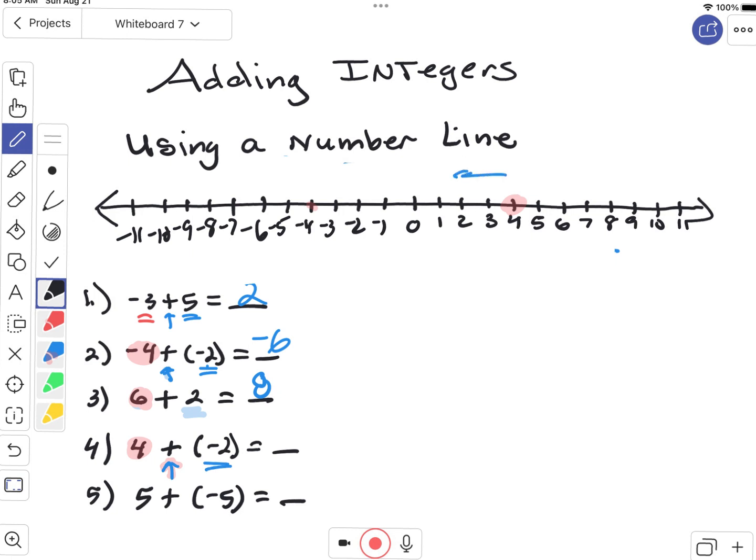So we have to go 2 in the negative direction. So it'd be 1, 2. So wouldn't we land at 2? And so is that what you're getting?